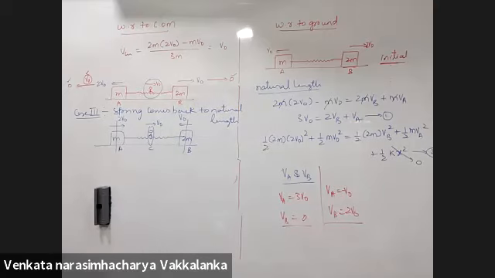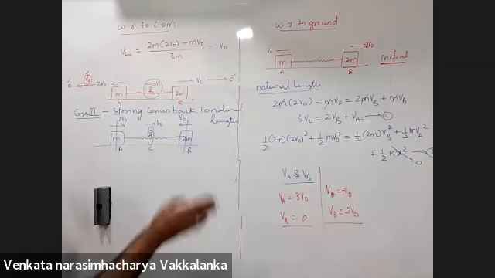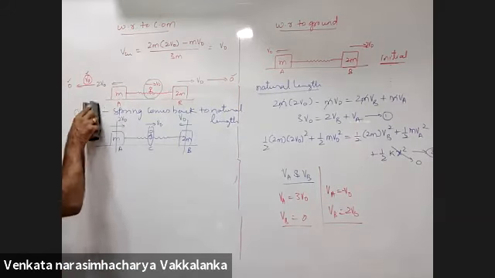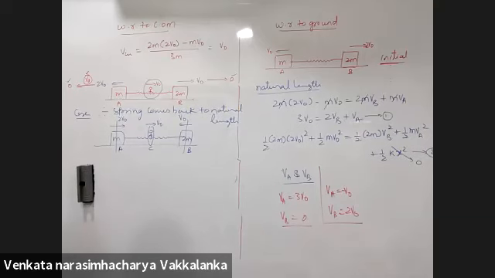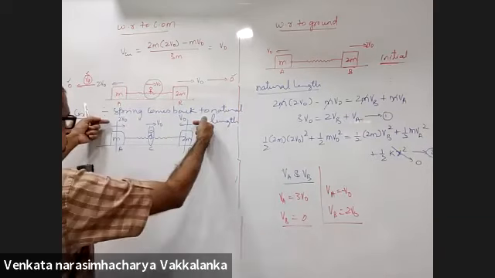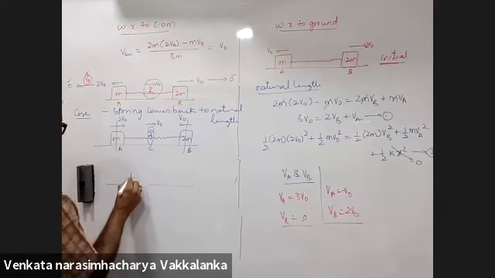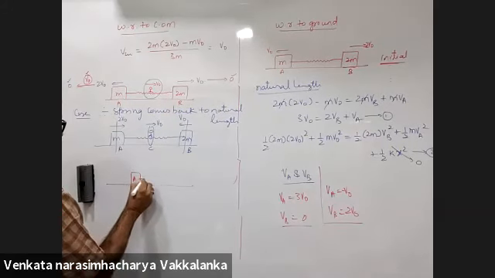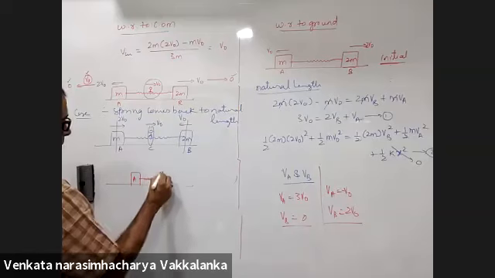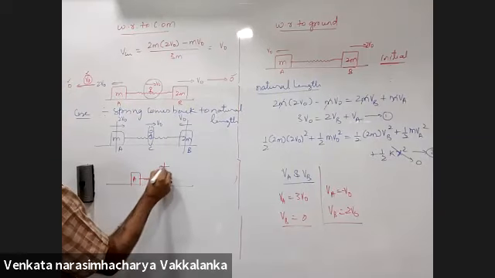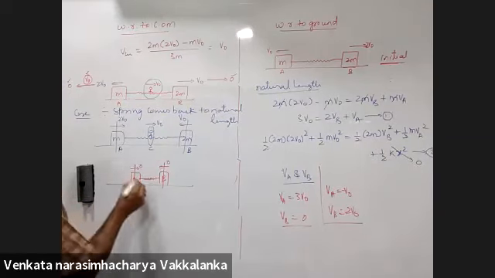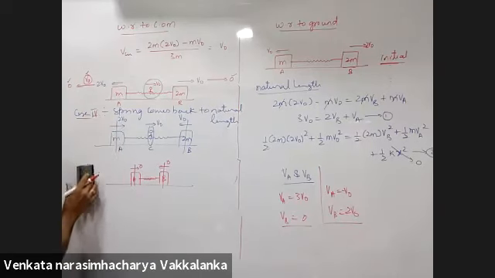Yes sir, done. Now look at case 4. What's case 4? Now both the blocks are coming towards center of mass. They will come to a situation where they come to rest. That will be maximum compression.